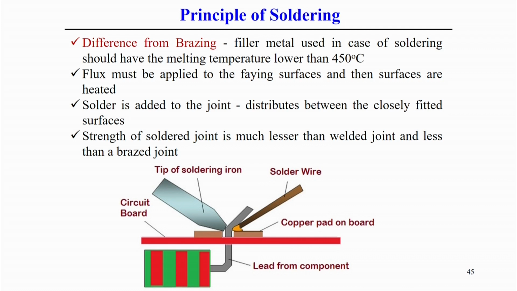But the main significant difference with respect to the brazing process is that the strength of the soldered joint is much lower than the weld joint and even less than that of the braze joint.